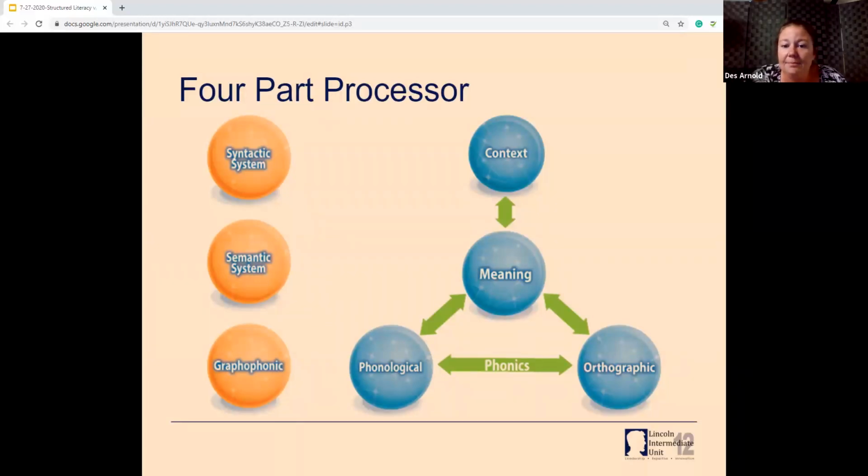The 3 cueing system kind of de-emphasizes the role of phonology and phonics, which doesn't agree with current research. As a result, teachers might want to look at what their program is based on and see how it relates to the 4-part processor.